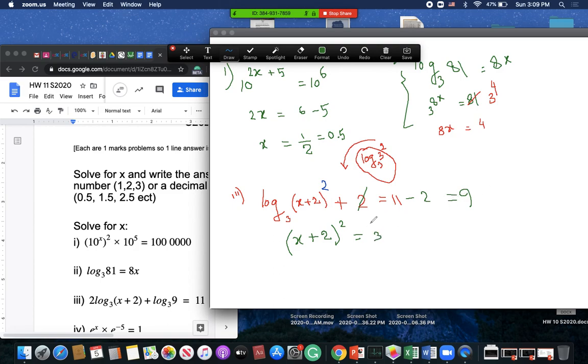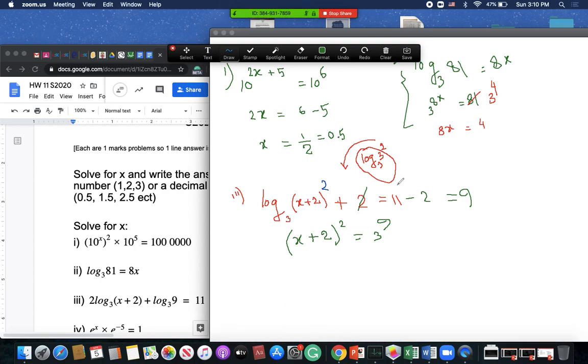This thing is power, and 81 is this side. I have done it in the reverse order in this math, but it is the same thing. Reverse order means this term in that math I wrote on this side, and this term I wrote on the other side, which is fine actually.